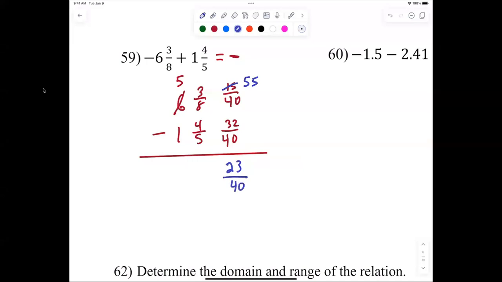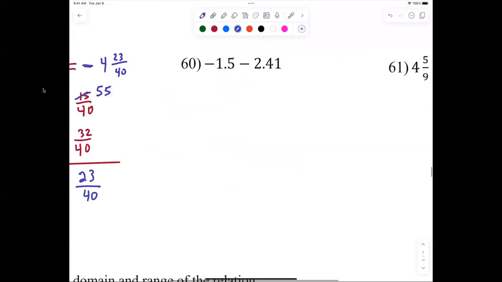And then 5 minus 1 is 4, right? So my answer is 4 and 23/40. And don't forget it's negative. All right. Now that's the one I wanted to really go over because most kids forget how to borrow with fractions. For sure, that's going to be on the test.